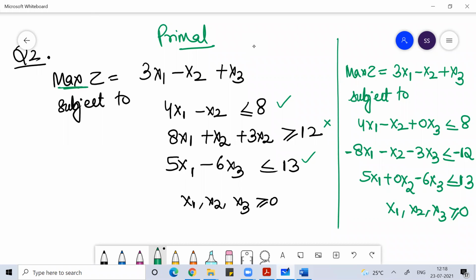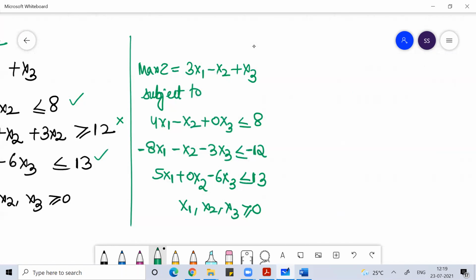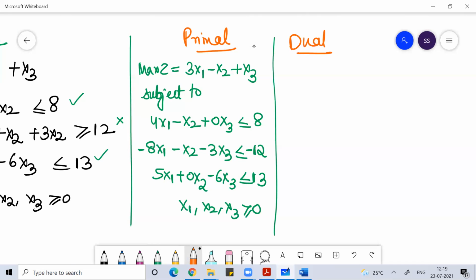Clear, everyone? So once you write them in canonical form, guys, this is your primal in the canonical form. If I want to see the dual form of this, the maximum of the objective function will become minima of z dash. Z dash simply because that was variable z.